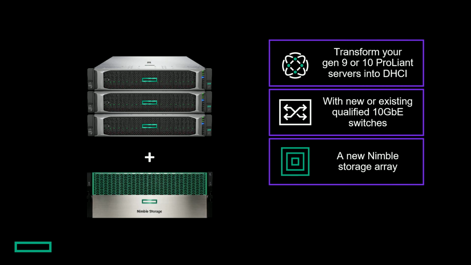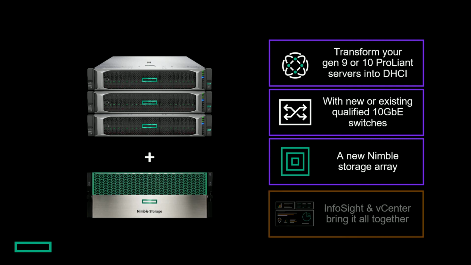They receive all the benefits that a new HCI 2.0 customer receives, including the native VMware integration, along with the added capabilities of InfoSight. You can work with your HPE team to discuss customers you believe could benefit from DHCI. The process is seamless, and we have collateral for your technical resources to review as well.